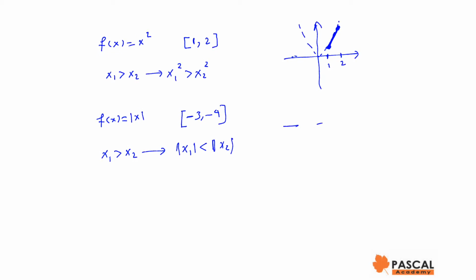And if we look at the graph of absolute value of x, when x is between -3 and -4, then f of x is moving downward, the function is decreasing.